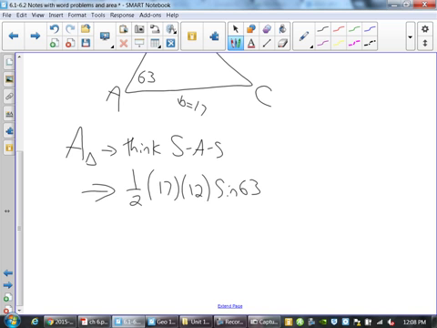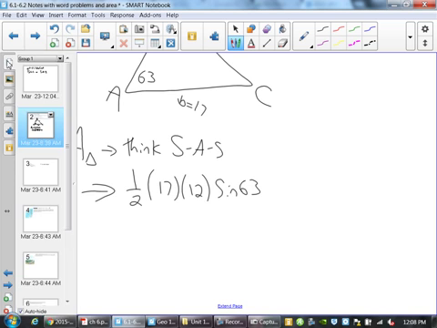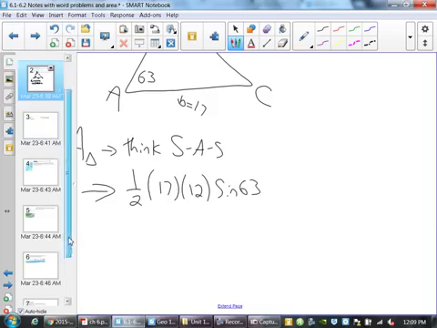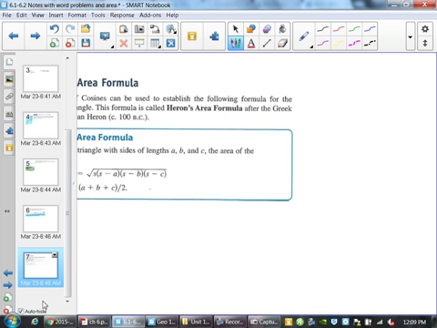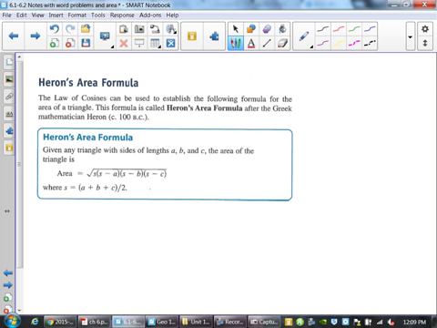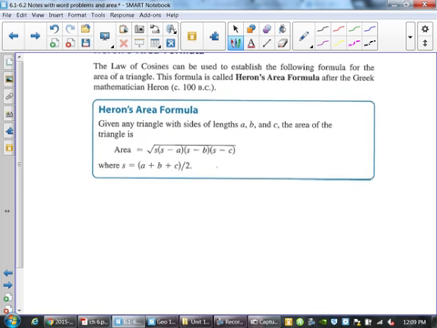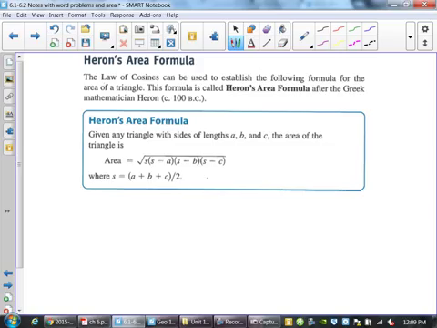The other area formula when we're dealing with area stuff is called Heron's area formula. It's a weird way of using it.